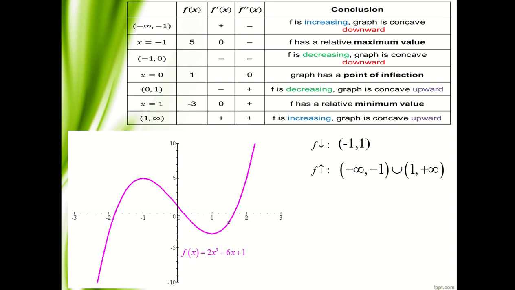All right. Now we have concave downward. When was the function concave downward? We have it at the interval negative infinity to 0.